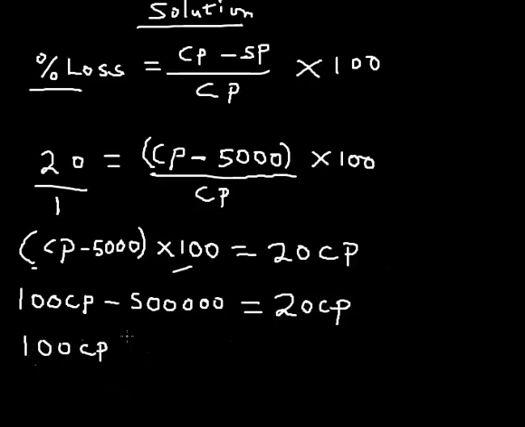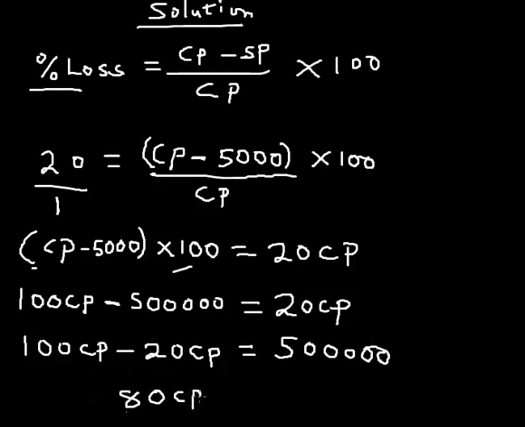If I take 20 CP to the other side, it becomes minus 20 CP. If I take minus 500,000 to this other side, it becomes plus 500,000. Subtracting, I'm going to have 80 CP equal to 500,000.